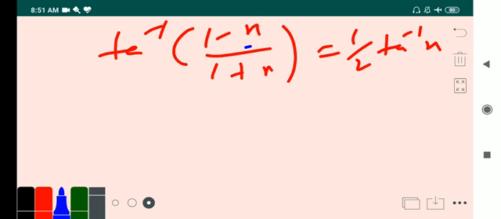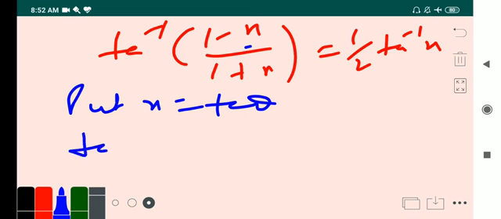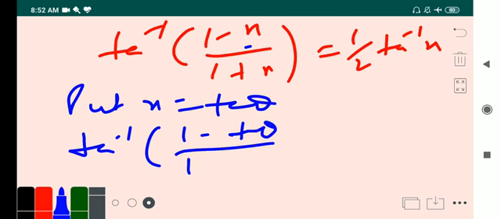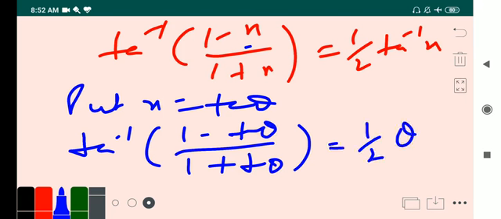Let us put x equal to tan theta. So we have tan inverse of 1 minus tan theta upon 1 plus tan theta equal to, if x equal to tan theta, then theta equal to tan inverse x. So in place of tan inverse x, we can write theta.